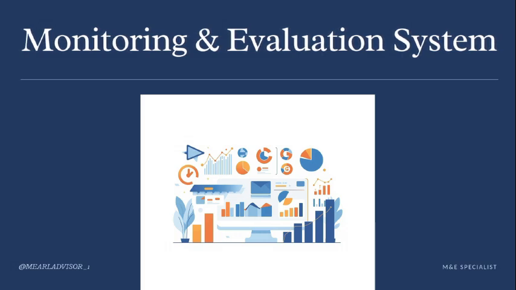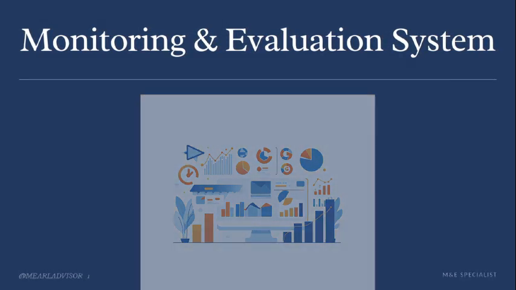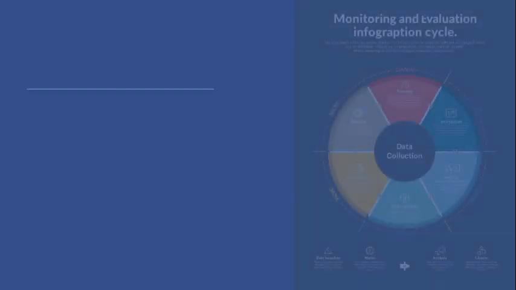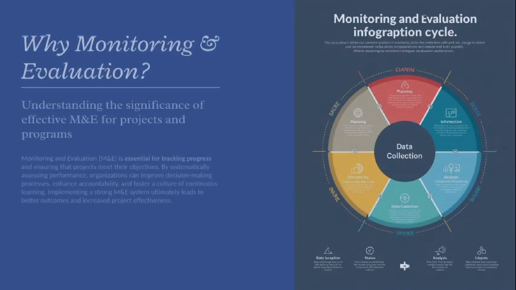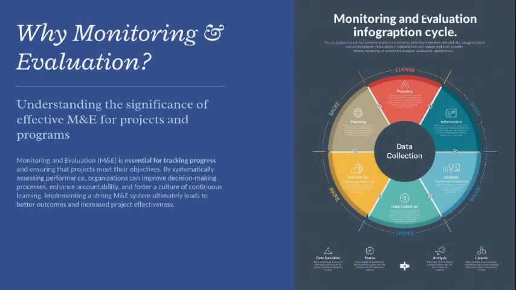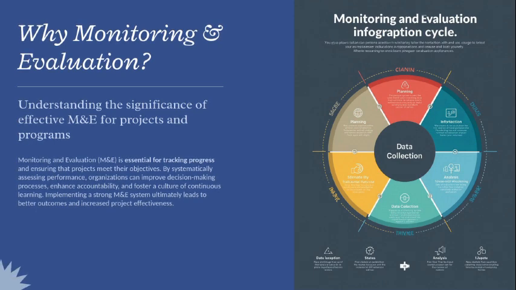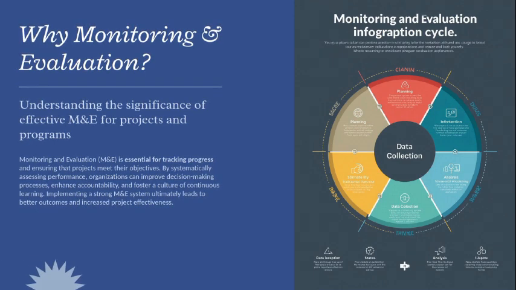Evaluation, on the other hand, goes deeper by assessing outcomes and impact, examining effectiveness, efficiency, and relevance, and exploring the why behind results. When we combine the two in a systematic way, we get an organized system that helps us generate reliable data, analyze it, learn from it, and use it to make better decisions.